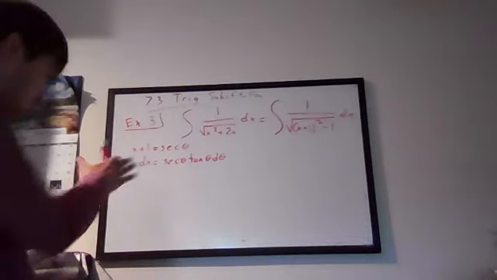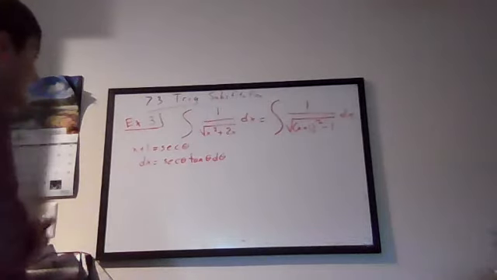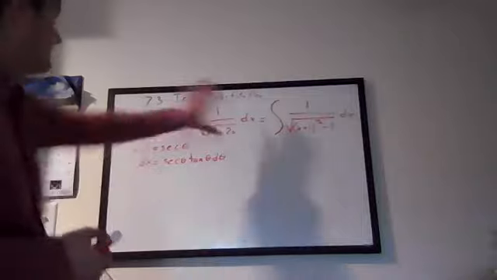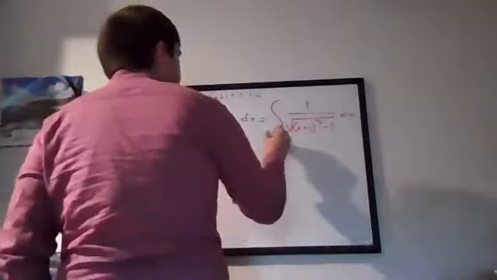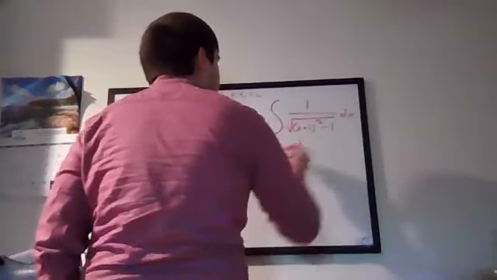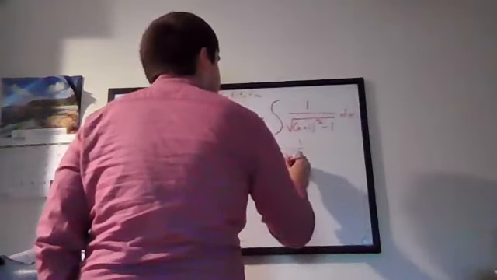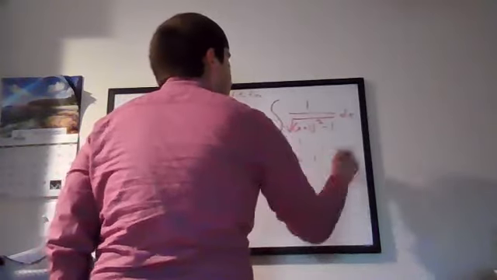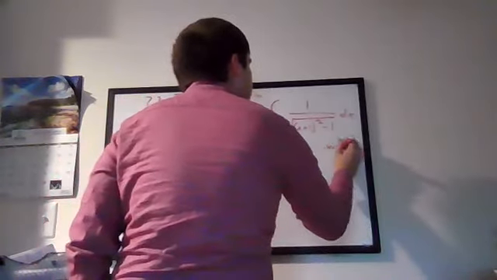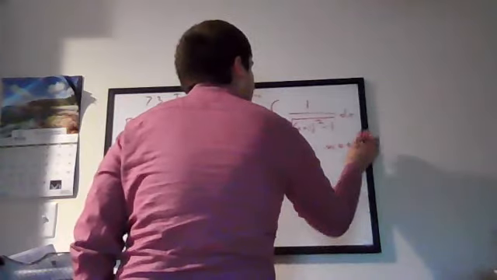Once I've got to this point, I can take this and plug it in here. So this integral is going to become the integral of 1 over the square root of secant squared theta minus 1 times secant theta tangent theta, and then can't forget about the d theta down here.